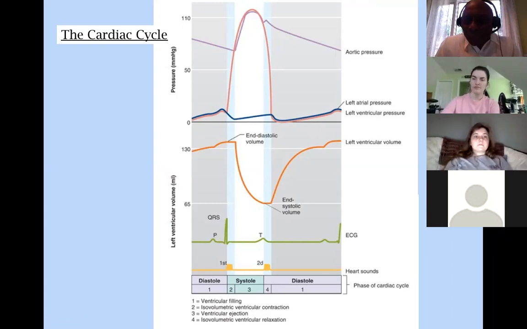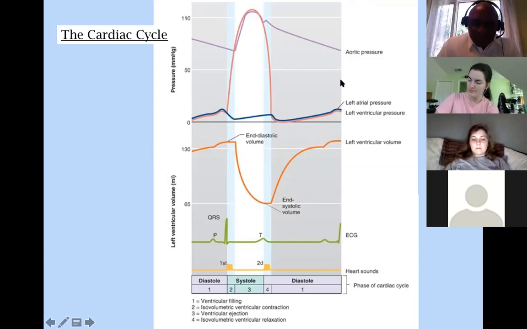Anybody remembers? What's the systolic pressure? What's the diastolic pressure in the left ventricle? Anybody remembers? 120/0. Okay, 120/0. Where is that?